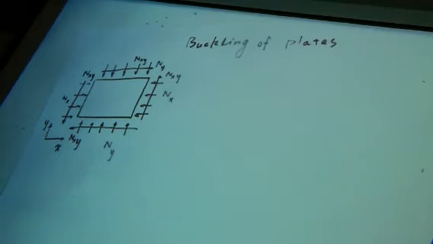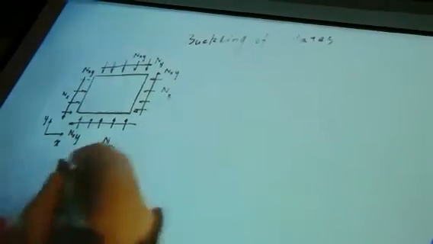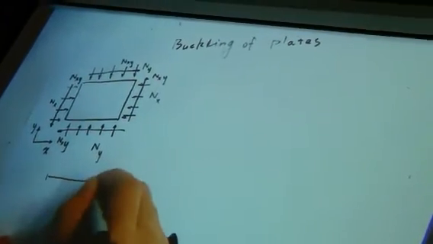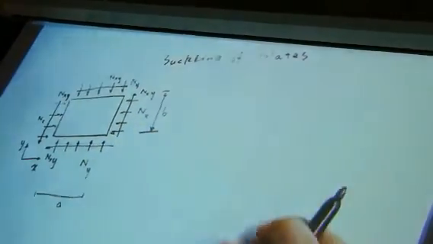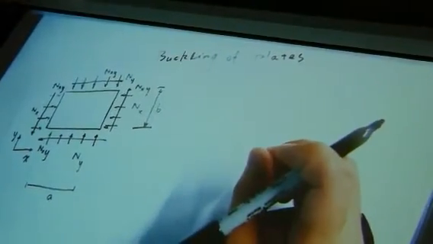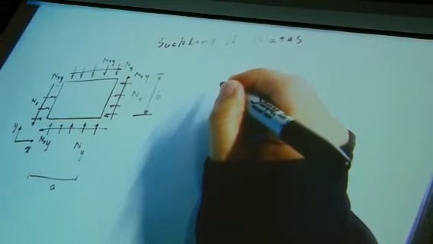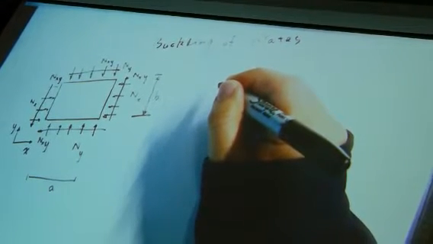Right? So this is the loading applied on the plate, and the dimension along this direction is A, and the dimension along this direction is B. And what is the governing equation for column buckling? Anybody still remember anything about the governing equation for buckling of a column?